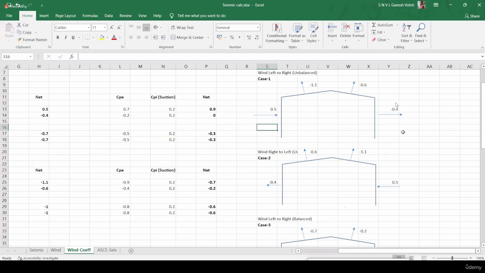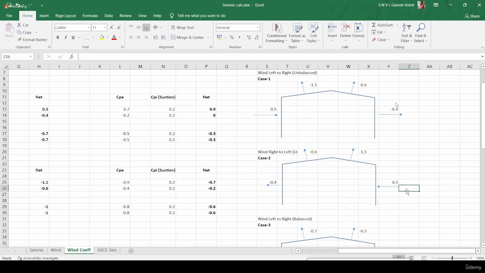That is the sign convention generally followed in STAAD. Suppose this is positive, you can apply directly in STAAD. In this case, he is showing positive, but while applying this wind coefficient in STAAD, you have to apply negative, because this is acting in the minus x direction. That is because STAAD follows general coordinates.